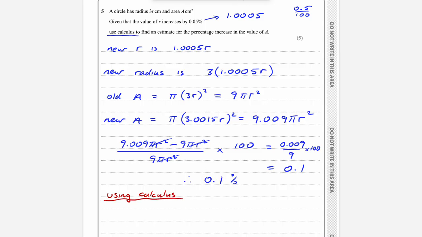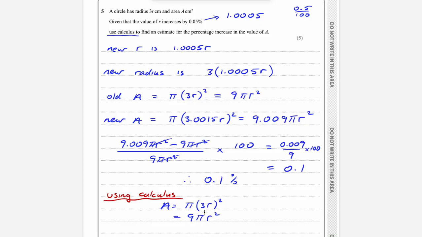First, A is equal to pi r squared, so it's the original A. A is equal to pi times (3r) squared. So this is going to be 9 pi r squared.